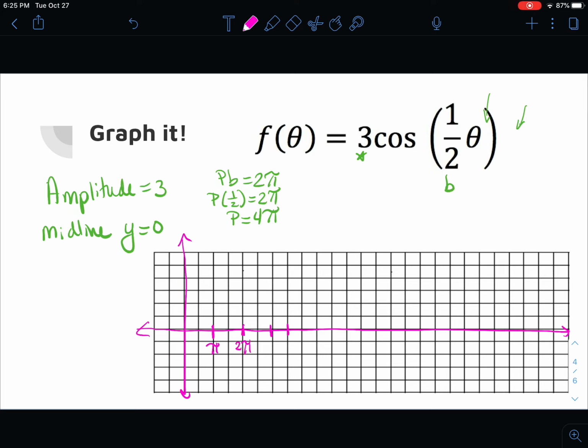So this would be the 4 pi, 5, 6, 7, 8 pi. And then every 2 boxes is a value of 1 going up: 1, 2, and 3. And this will be -1, -2, and I'm going to have to squeak in -3 down here.